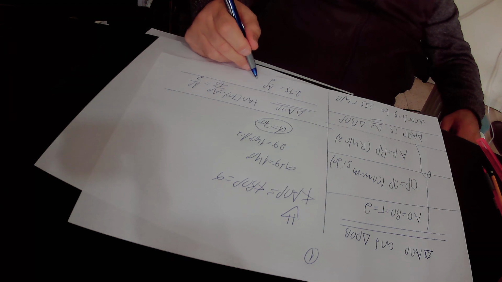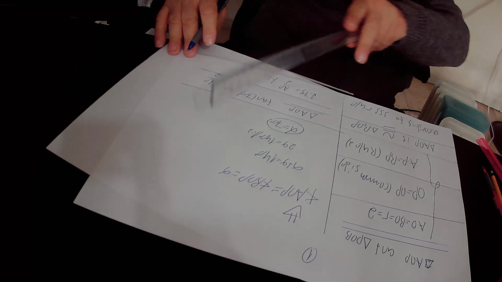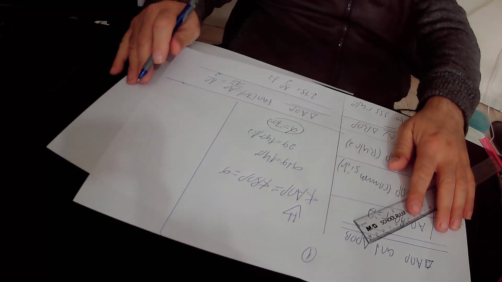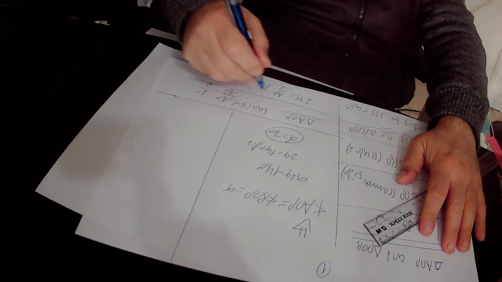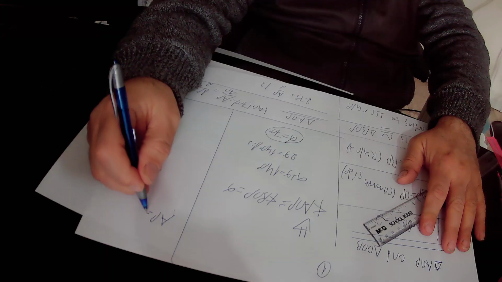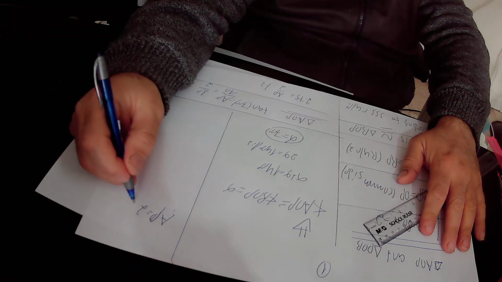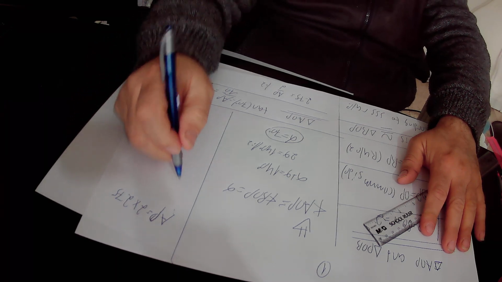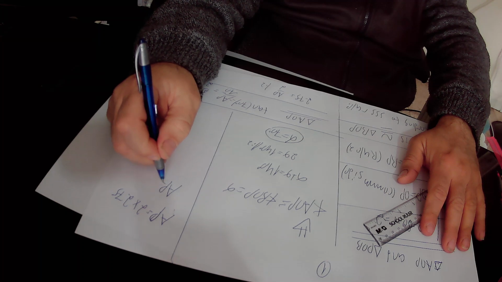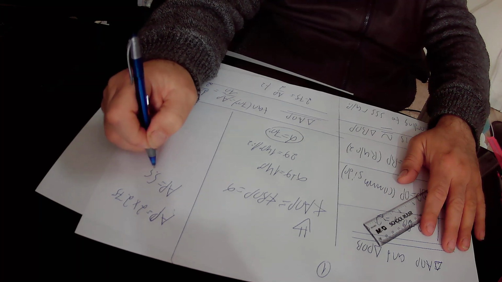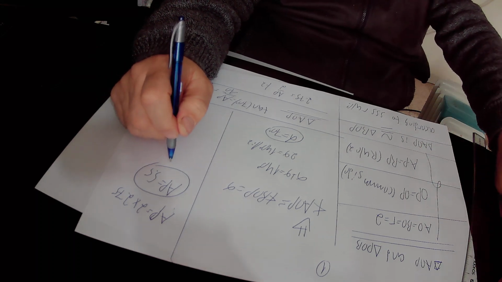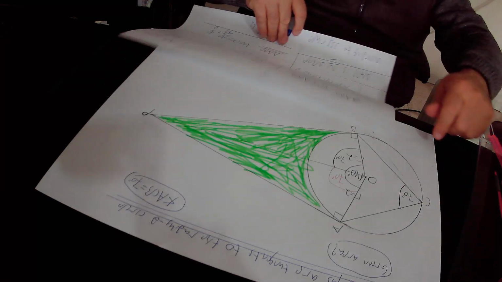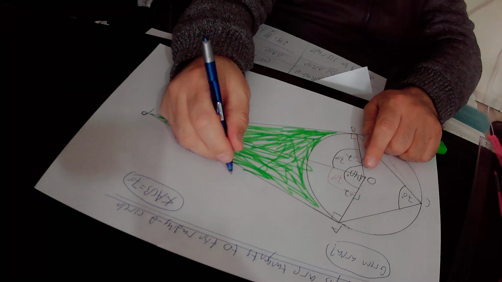Here we multiply this equation by 2, and finally we get that AP equals 2 times 2.75, which is 5.5. So we found that the length of side AP is 5.5 units.